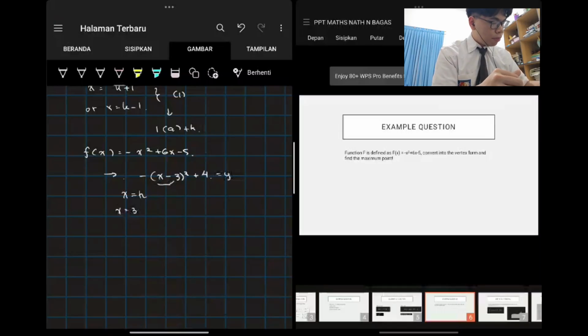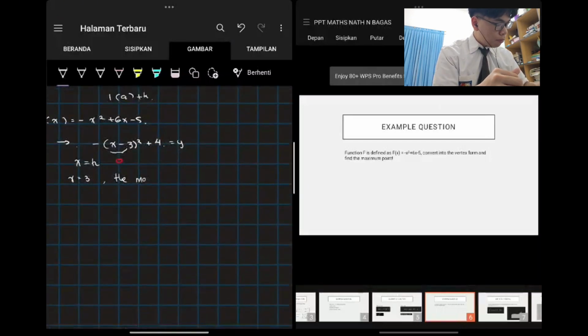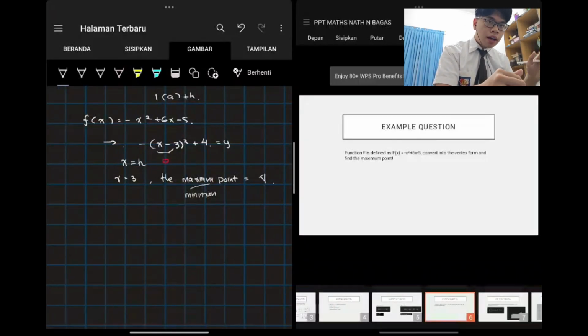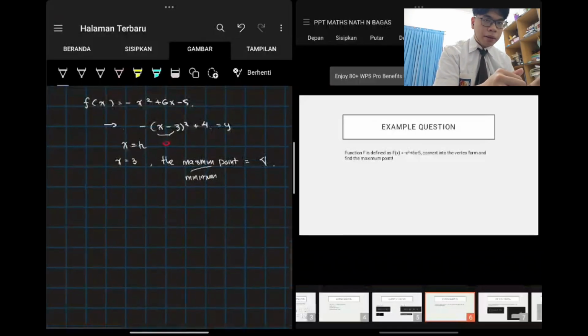The term in the bracket becomes 0, and we got the maximum or minimum, sorry, equals 4. Now, how do we know that it is either a maximum or a minimum?